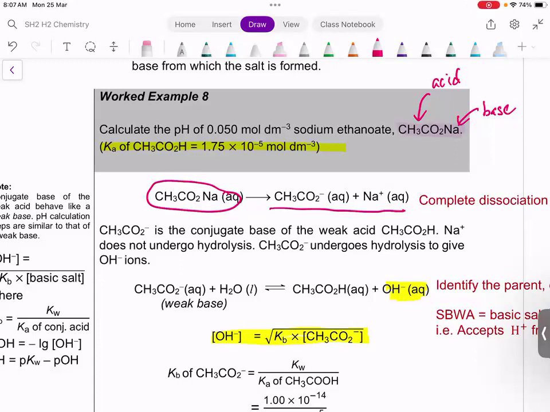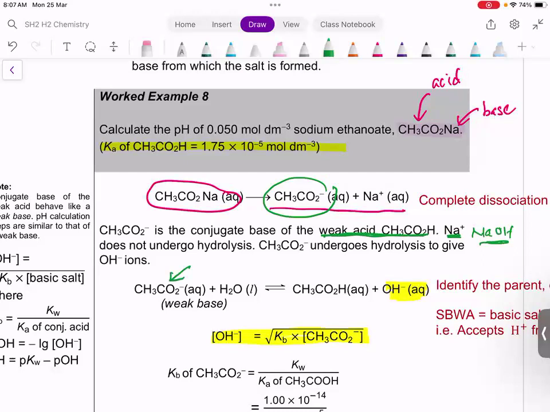With this, we all should recognize that the weak acid is the one that forms the anion. So the anion comes from the weak acid, as told to you here in this work example. Then the Na+ comes from a strong base, the sodium hydroxide. So overall, the strong base will be the one that causes the anion here to undergo hydrolysis.